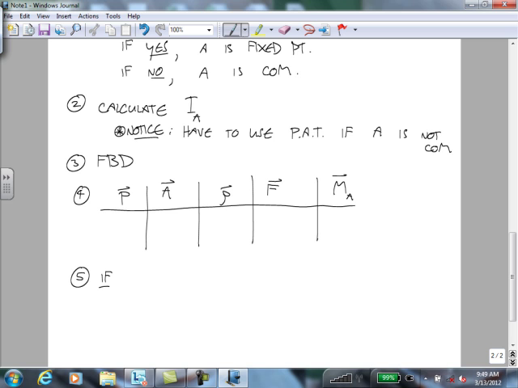Next, if your about point is a fixed point, you can skip this step. Otherwise, you're going to have to use Newton's second law.